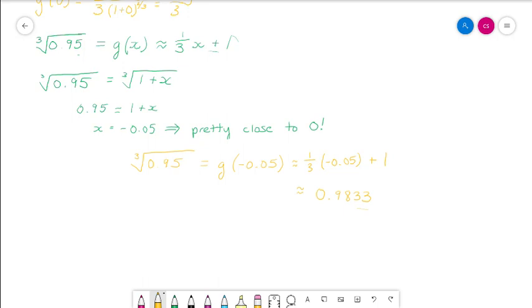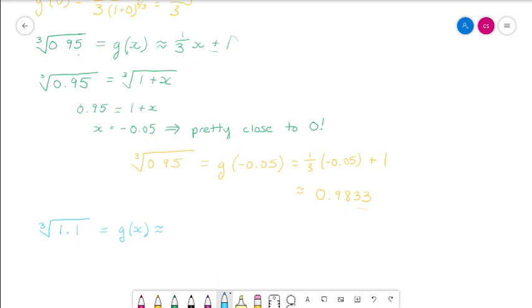All right, so why don't you guys push pause? What you're going to do now is you guys are going to approximate using that same method the cubed root of 1.1, and we'll see how you guys do. Okay, so first of all, we have to relate cubed root of 1.1 back to g of x to determine the x.